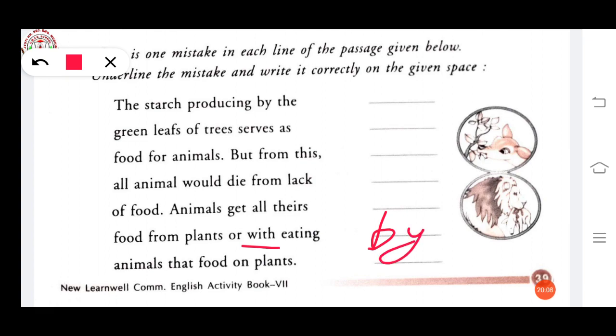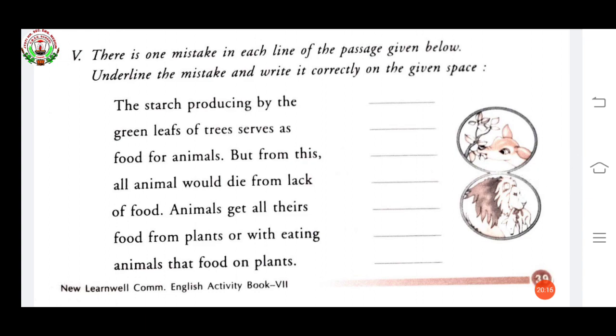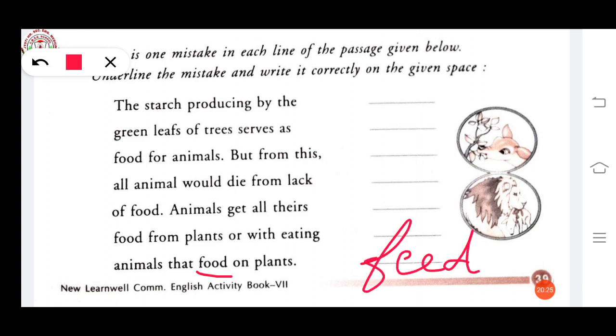By eating animals that food on plants. Here "food" is given. In the place of food you have to write feed, F-E-E-D. So, by eating animals that feed on plants.